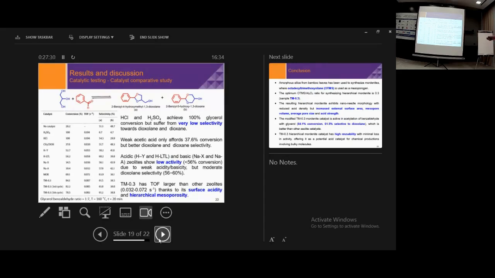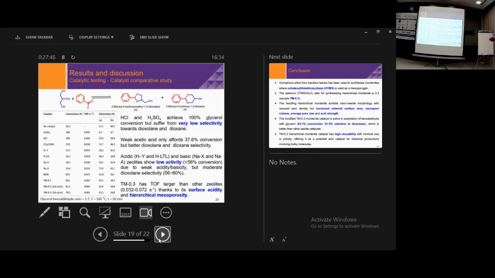So you can see the selectivity is only 6.7 and 4.7% for these two compounds, and HCl is only 54 and 30% for these two compounds.